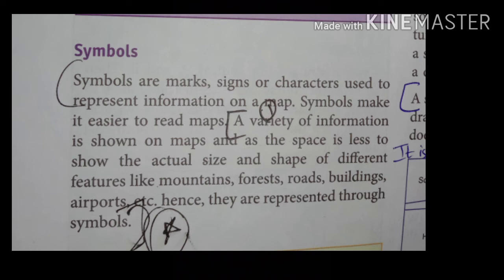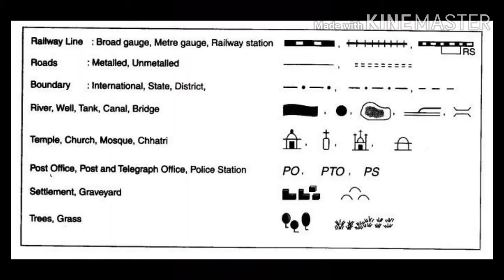So in order to show the mountains, the rivers and other features or any such minute thematic details in a map, forest, road, building, airport, etc., we have used some signs, some symbols, to represent those things. And we use those symbols in our maps so that the idea to be conveyed is properly conveyed.